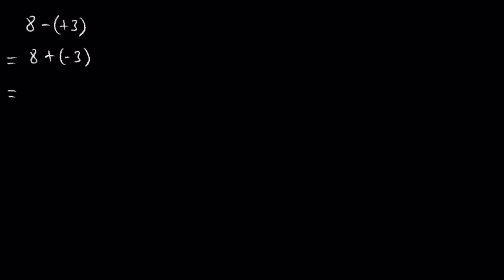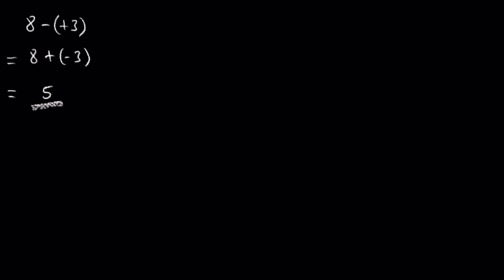Now this looks identical to our previous addition examples. Different signs, subtract 3 from 8. Then attach the sign of the larger number. Another way is to just subtract 3 from 8 like you normally would.